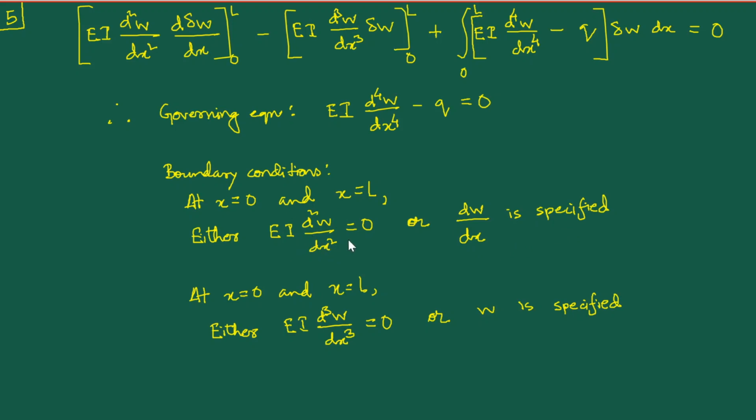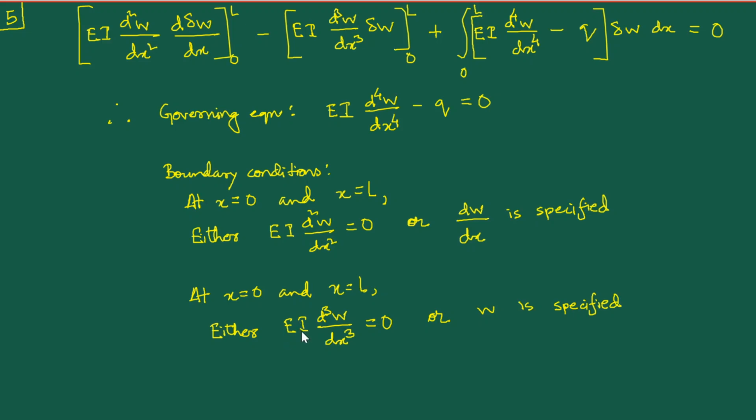So for a simply supported end, we have EI d²w/dx² equal to 0, and you understand what that means. EI d²w/dx² is EI times 1/r, so this is like the moment. Moment is equal to 0, and that is exactly true for a simply supported end.